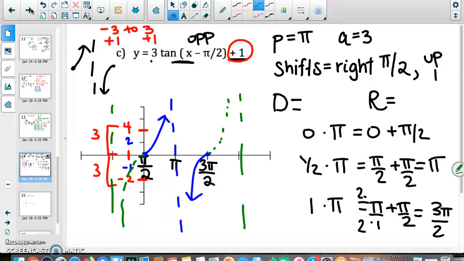So let's see, domain, where are all of my asymptotes going to be? It looks like they're all going to be at multiples of pi. So you can imagine where your first asymptote is. So domain is all reals, except x cannot be pi, right? That's my first asymptote.